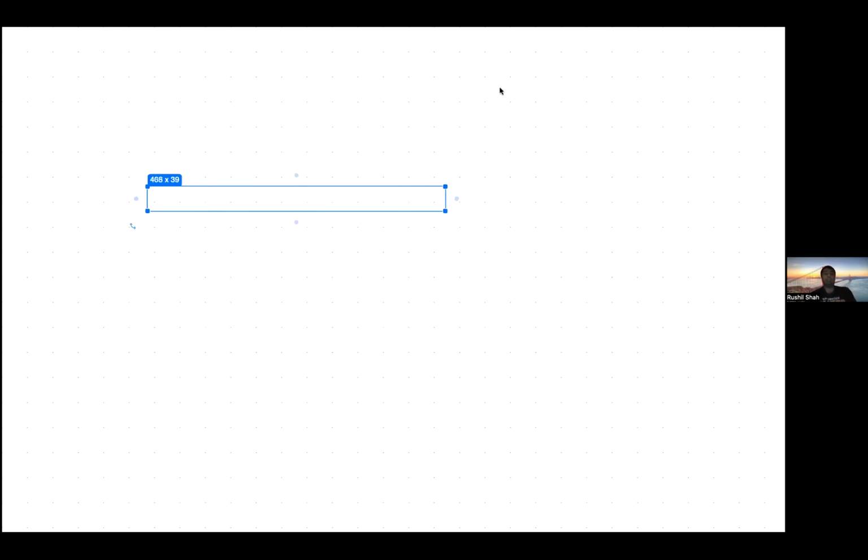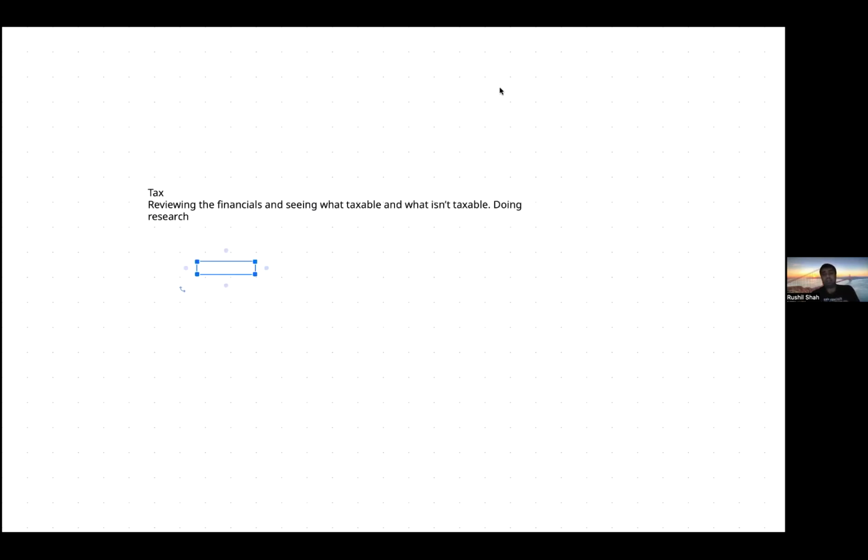It's also doing research. And then you have to file as well. Filing is filling out the state and federal returns, and knowing how to file.